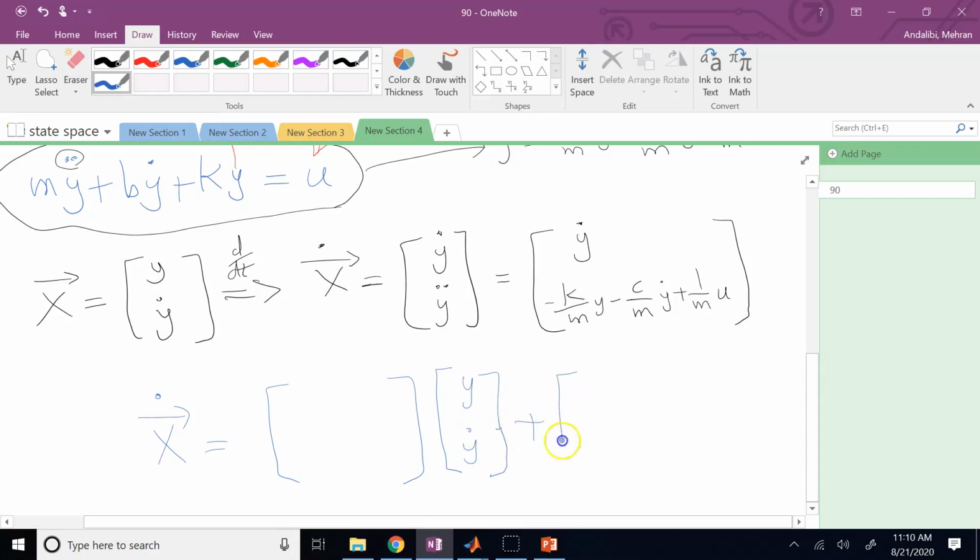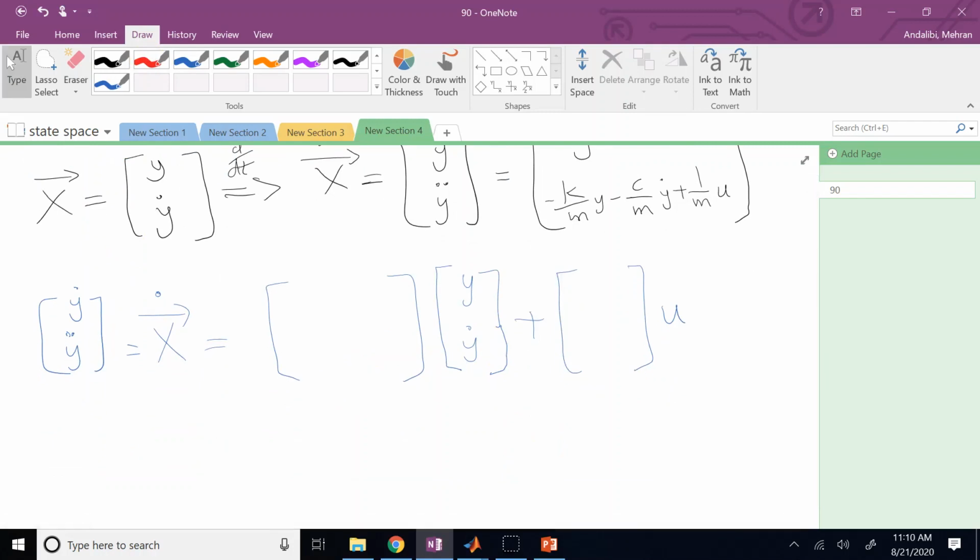And plus some other matrix B times the vector of inputs, but here you only have one input, so that input is u, so you just write u. Okay, so you don't have a vector of u's, you just have one u. So this guy, which is equal to y dot and y double dot, I want to write it as a matrix times itself, right?